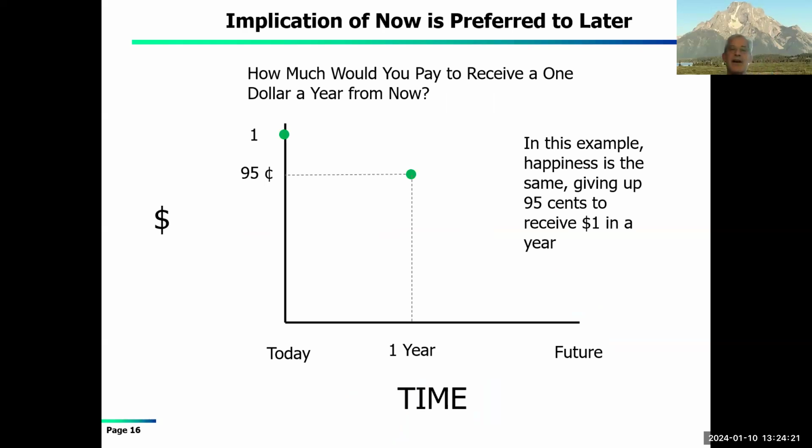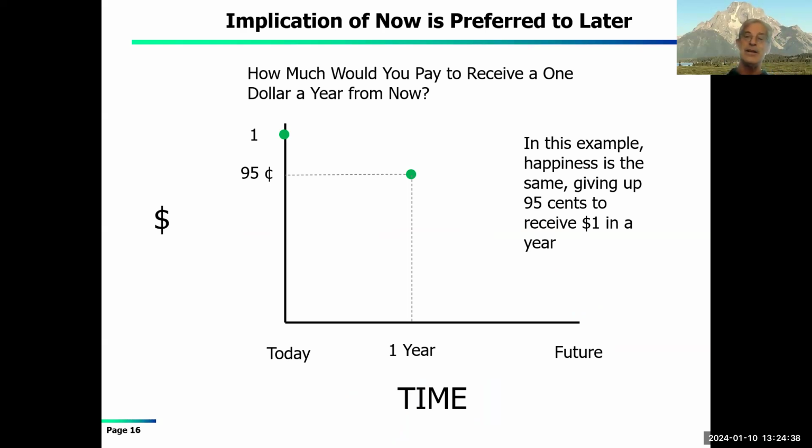So what is discounting, and what is discounting really about? How much would you pay to receive $1 a year from now? If you're a normal human being, you're not going to pay $1. You're going to pay something less than $1.